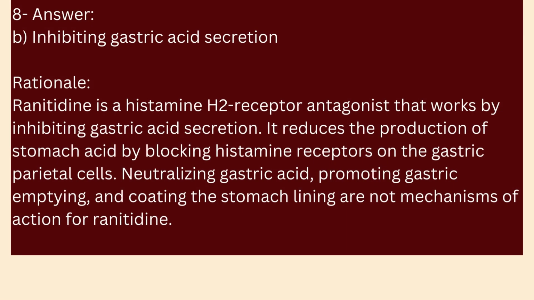Answer: B. Inhibiting gastric acid secretion. Rationale: ranitidine is a histamine H2 receptor antagonist that works by inhibiting gastric acid secretion. It reduces the production of stomach acid by blocking histamine receptors on the gastric parietal cells. Neutralizing gastric acid, promoting gastric emptying, and coating the stomach lining are not mechanisms of action for ranitidine.